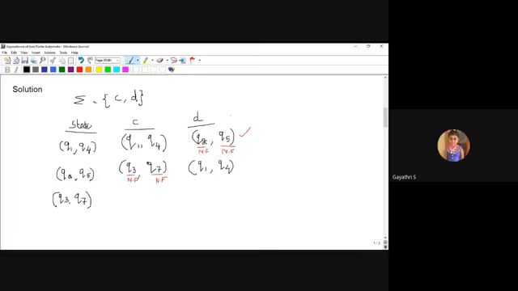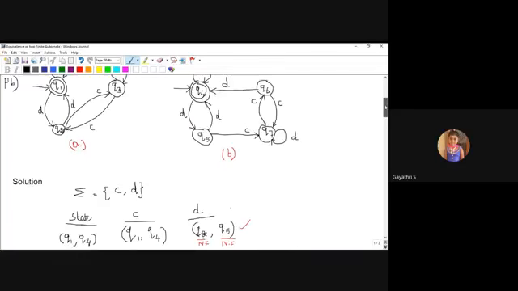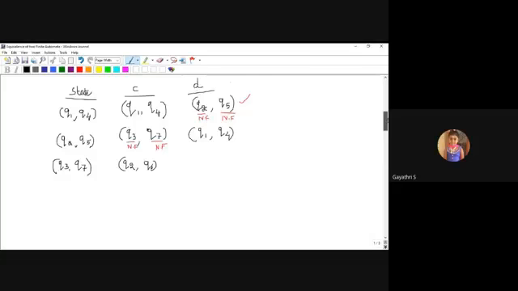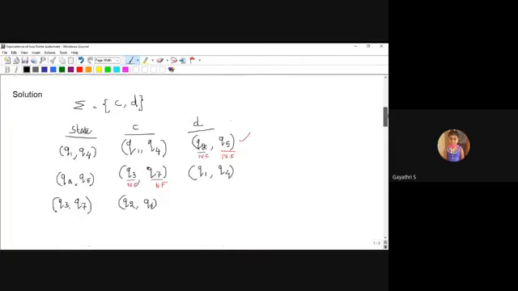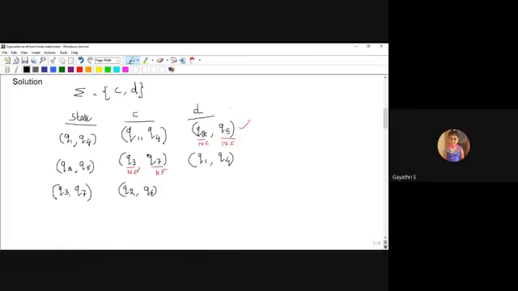Q3 on C moves to Q2. Then Q7 on C moves to Q6. I'm going to check whether this pair is valid or not. Q2 is non-final, and Q6 is also non-final.